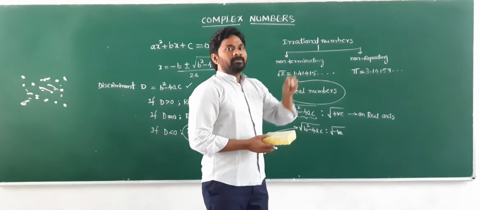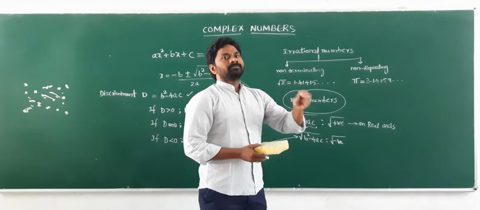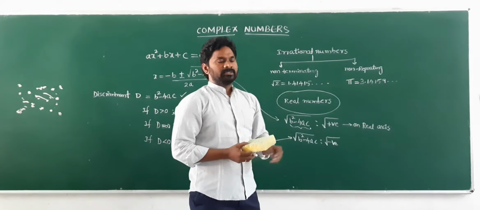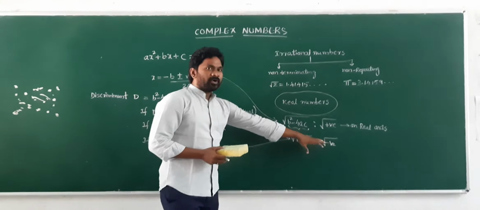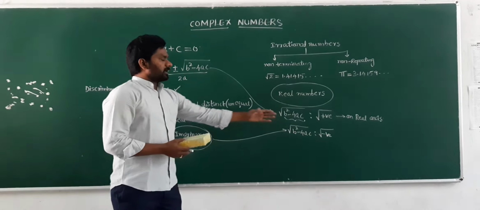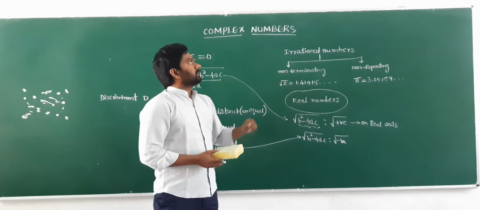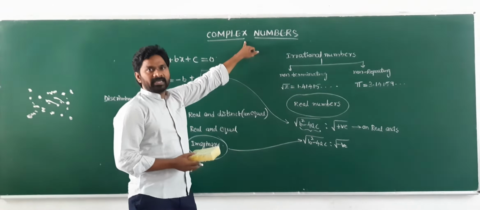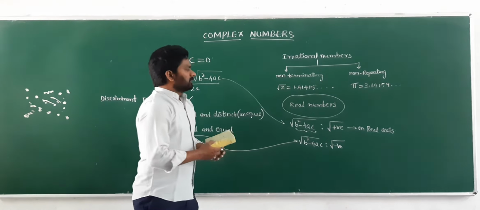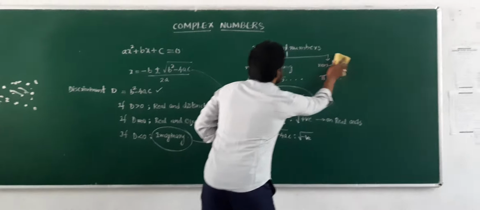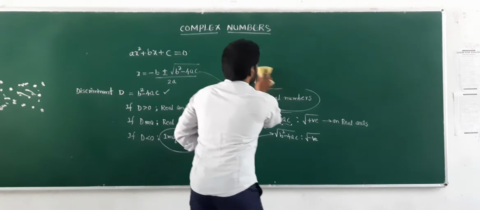The mathematician Robert Argand introduced the new number system to find the square root of negative numbers. That new number system is complex numbers. So now let me discuss these complex numbers.